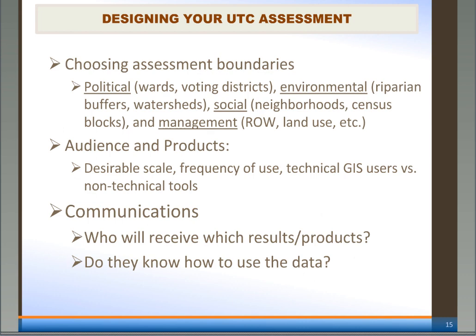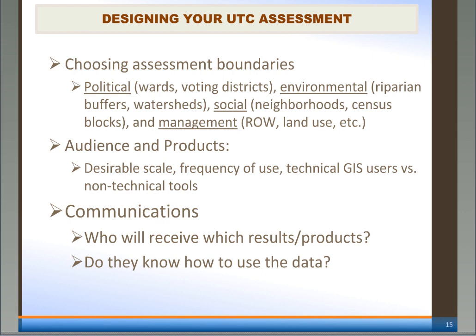So in thinking about assessing canopy cover as well as plantable space, potential planting areas in your community, I would think of it in the sense that there are assessment boundaries that can help you politically to better understand where you're at and to message the results. So maybe it's city council or an alderman or different wards and so forth.